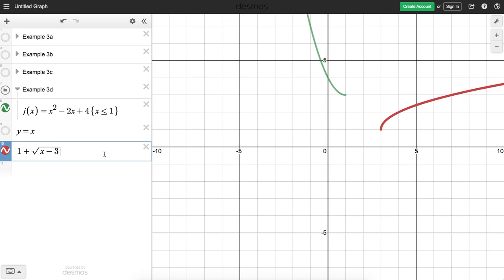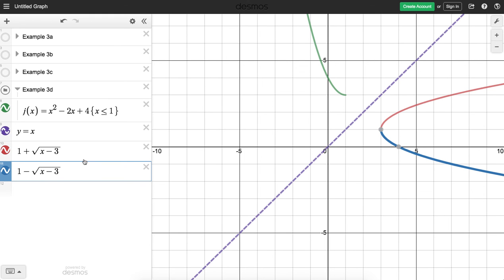And then we also have 1 minus the square root of x minus 3. So here we have the plus in red going up, the minus in blue going down. However, looking at this reflection here, it can't be both, because this would fail the vertical line test. So it's either got to be the upper part in red or the lower part in blue.